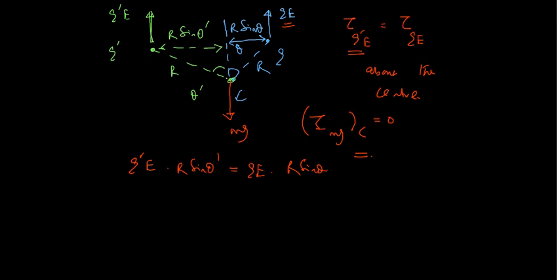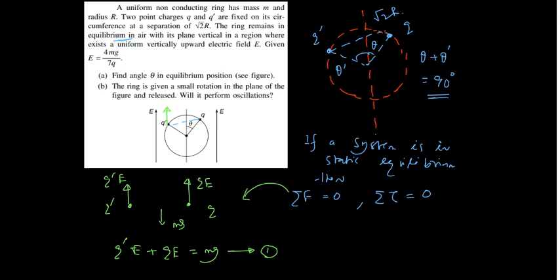Now, they have given the value that E is equal to 4mg by 7q, which has already been provided. We are coming to that part later.